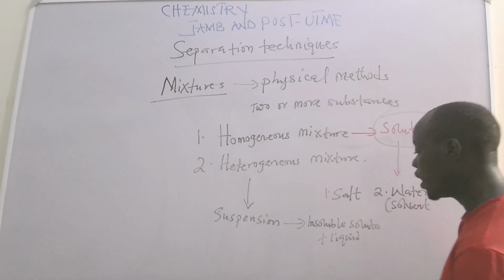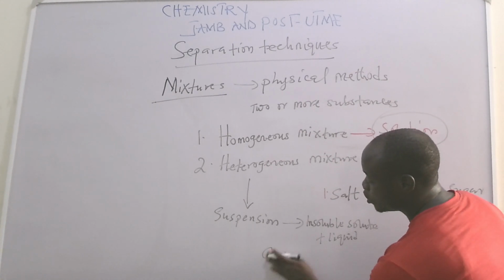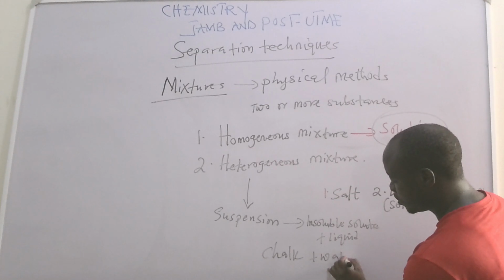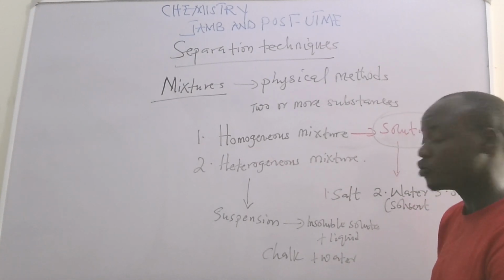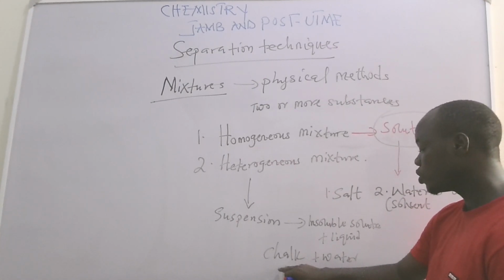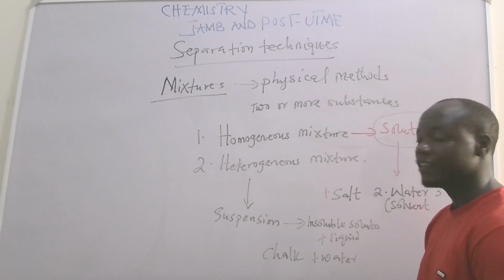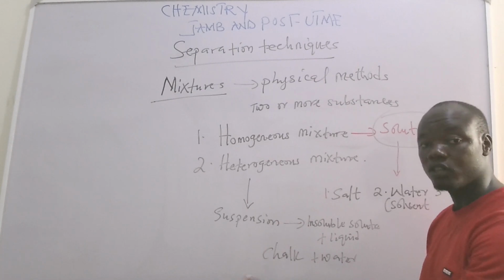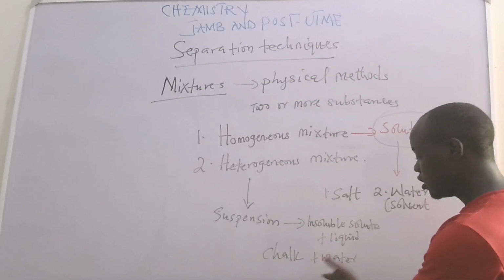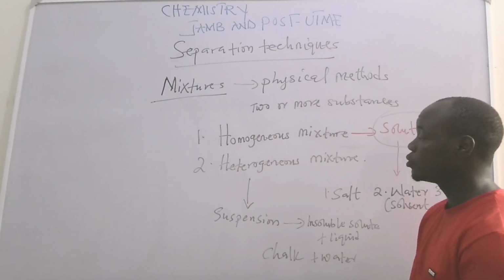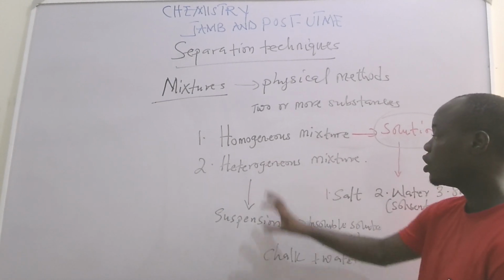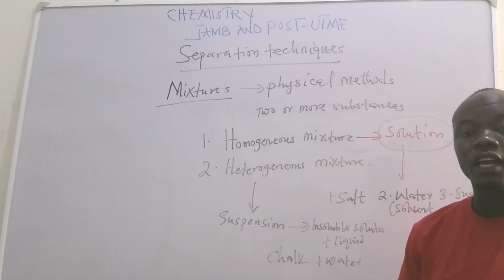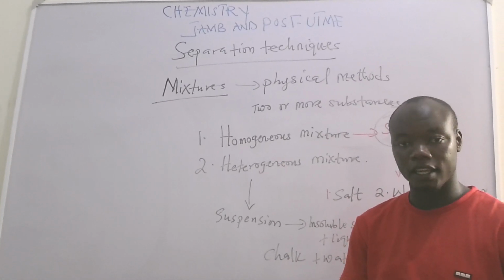Example of that, if you add chalk plus water, chalk is an insoluble solid. So when you have chalk plus water, it's very easy to identify the components of the chalk and the water. This type of mixture is called a heterogeneous mixture because all the components can easily be seen with the naked eyes.